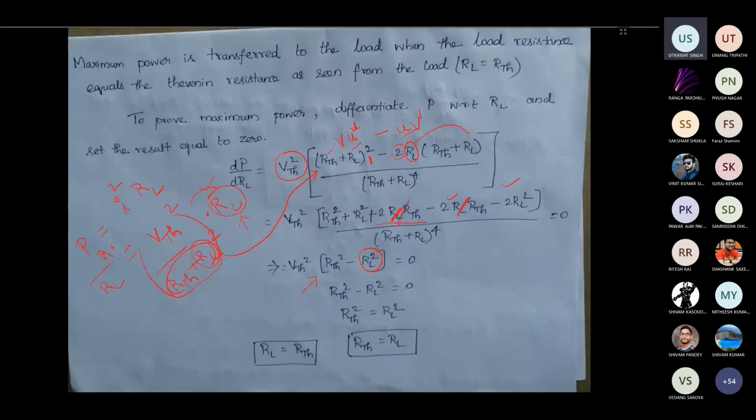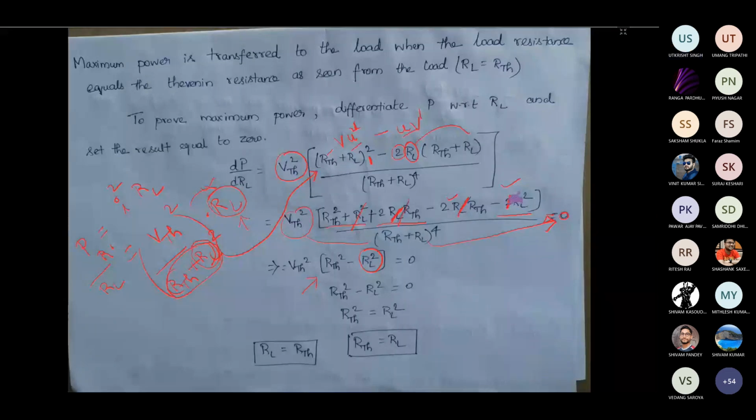Once you make this 0, this term will become 0 if you cross multiply, and VTH also will become 0 if you cross multiply. So these can be taken to the right hand side and it will become 0. The remaining expression is RTH square plus RL square minus 2 RL square. So here one RL square is there, and you can cancel this.